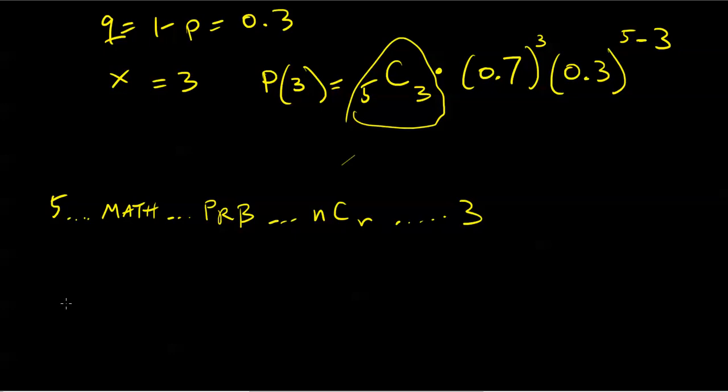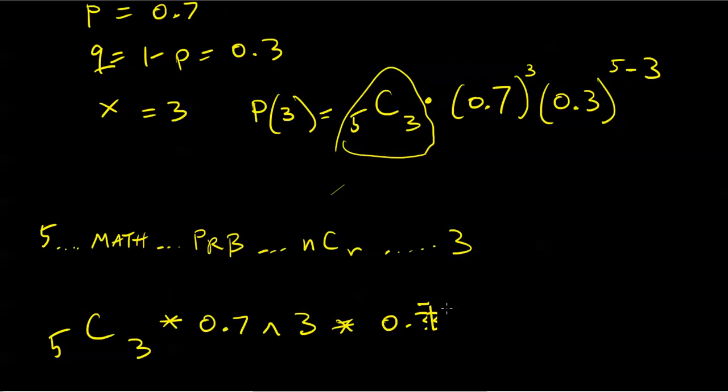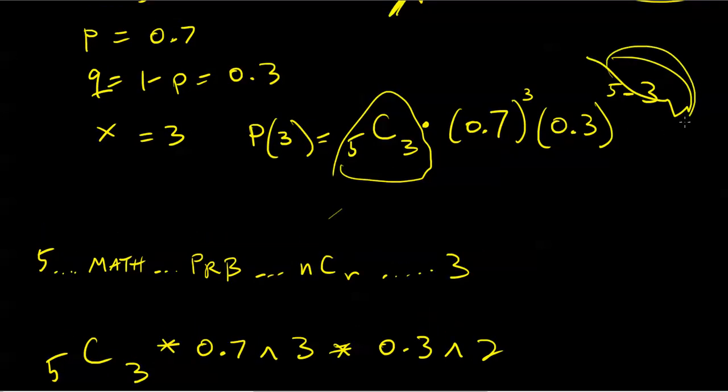So on your calculator, if you execute those button pushes, I should see 5 choose 3 times, on your calculator your times button will come up as an asterisk, 0.7 raised to the 3 power times 0.3 raised to the 5 minus 3, which is the second power. So I'm going to write this as 0.3 caret 2, because 5 minus 3 will become a 2 at that exponent level. Okay?